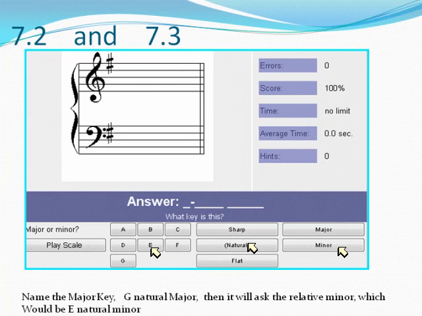And actually, I think before you even get to minor, it'll say you're correct because they know you're looking for the relative minor. Okay? When you get it correct, it will change up here to a different key signature, and then you answer major and then the relative minor. And then 7.3 is exactly the opposite. It asks you for the minor key first, and it asks you for the relative major key.